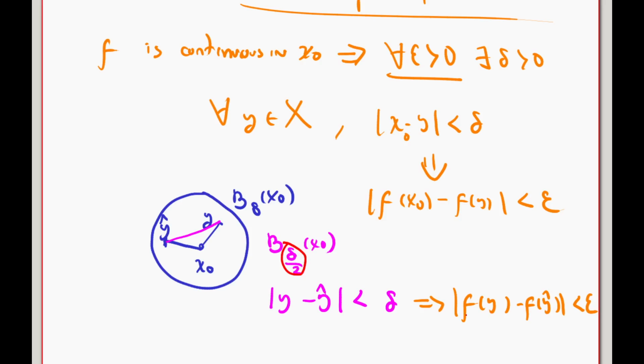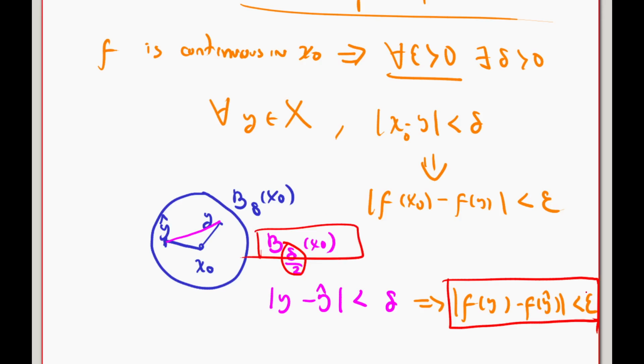such that the distance between the evaluations of the function in this ball is smaller than epsilon. So the oscillation of f on this ball, what will happen with this? It will be smaller than epsilon. Is that true?